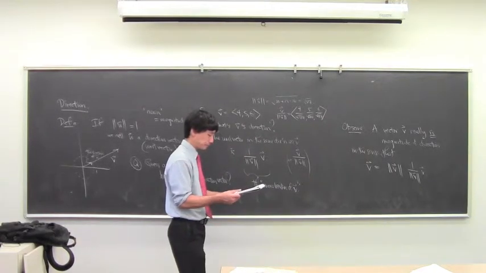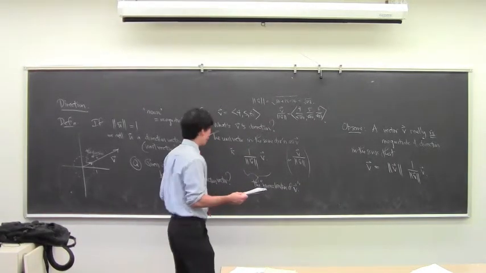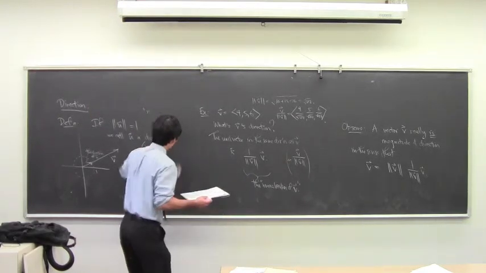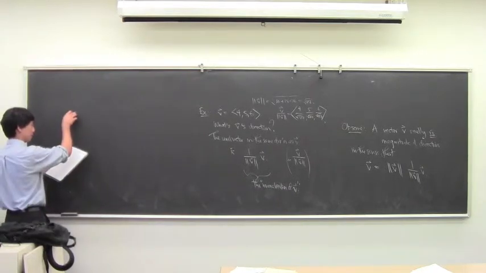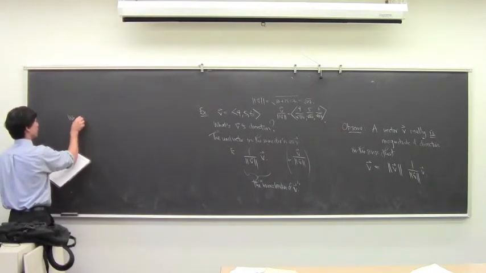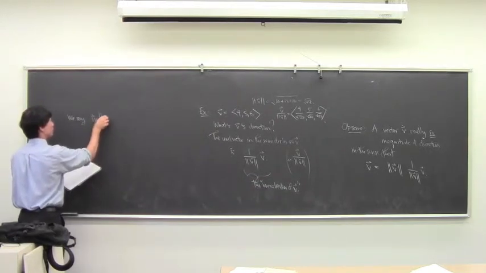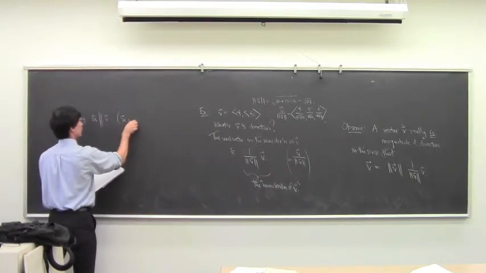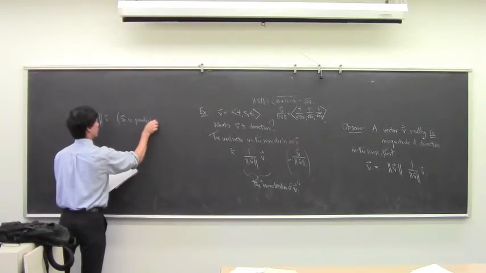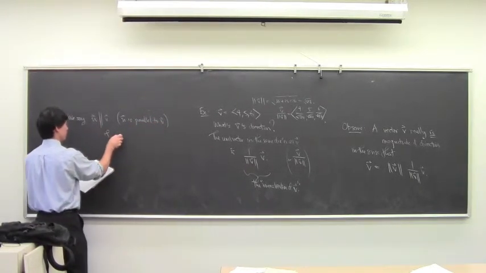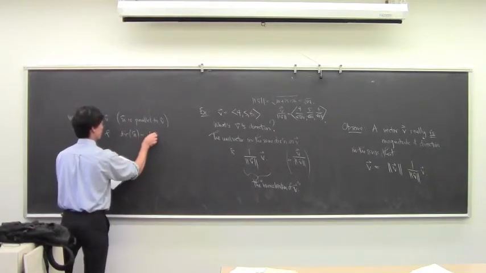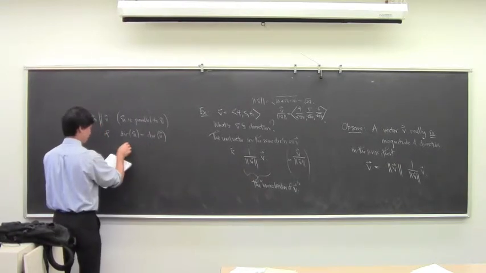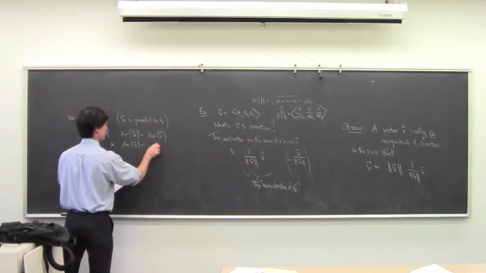So, a couple more simple ideas. We say u is parallel to v if the direction of u equals the direction of v, or the direction of u equals minus the direction of v.